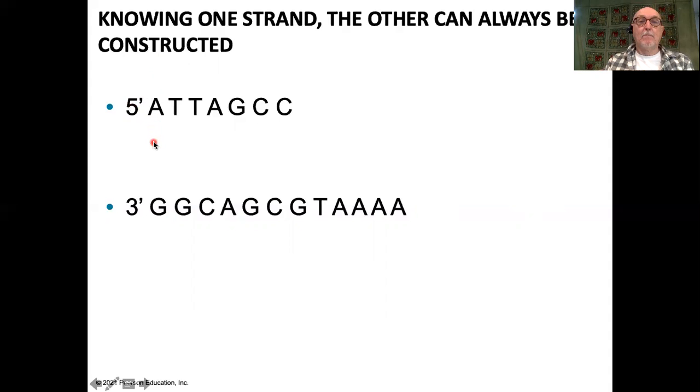Take a minute. 3 prime, T A A T C G G. It has that because we have to match G to C, G to C, G to C, T to A, etc. Same here.